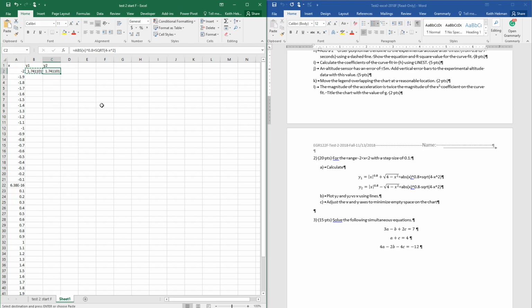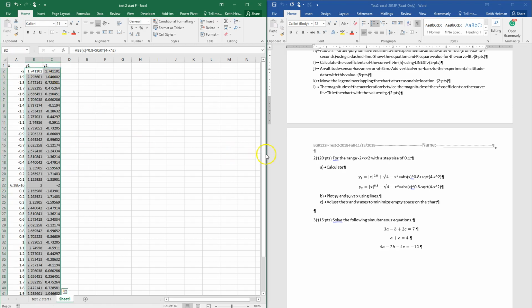And the other one is similar, except it's a minus. So we can copy those down.